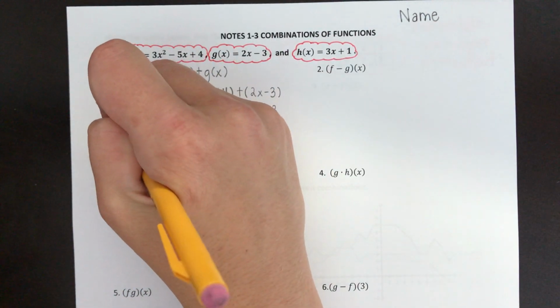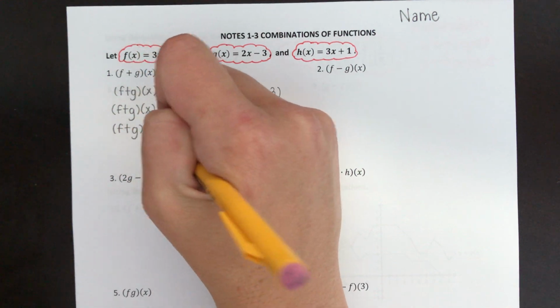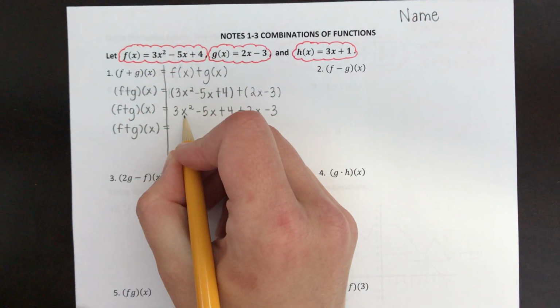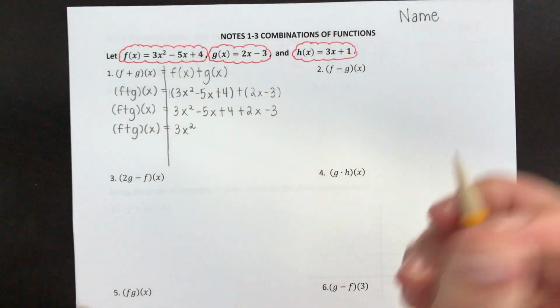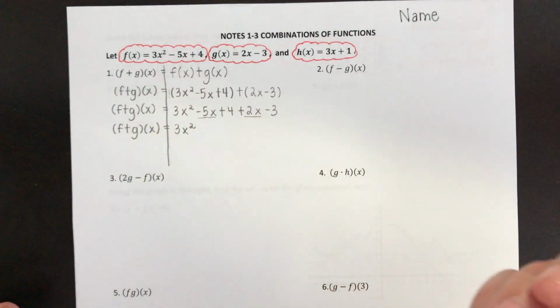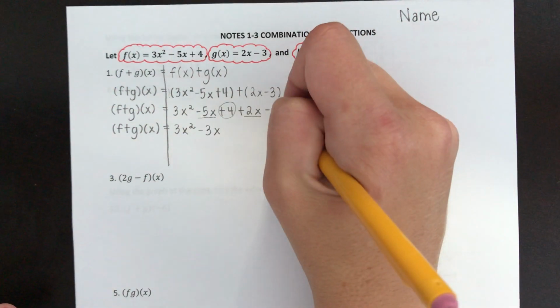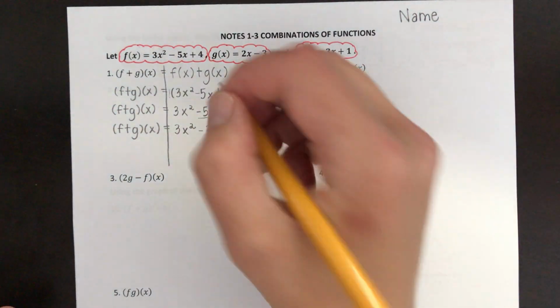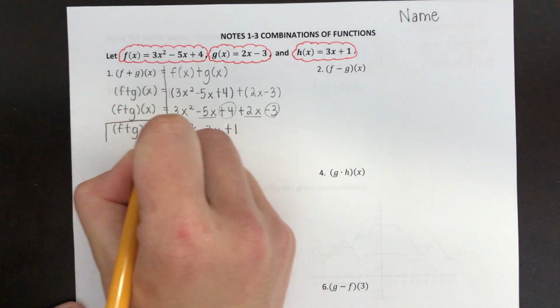And then for our last step, we're just going to combine like terms as well as put the term that has the variable with the highest exponent in front. So that's our x squared term. So the x squared term will go in front, and then I'll combine my negative 5x and positive 2x to give me negative 3x. And then I'll combine my constant terms, the positive 4 and the negative 3, to give me positive 1. And then that'll be my final answer, so I'll box that up.